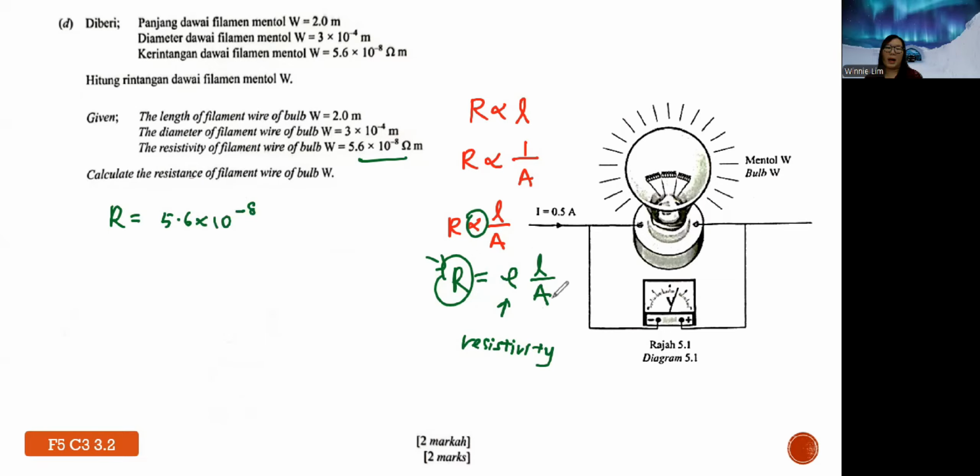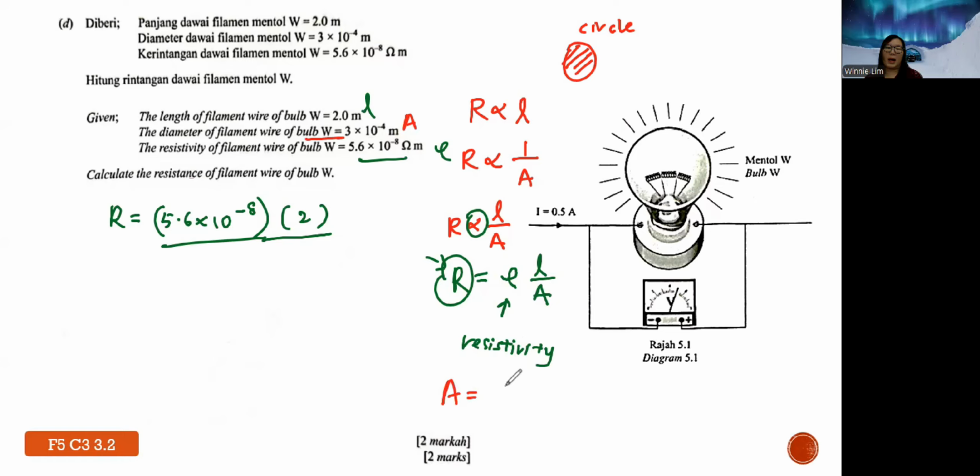Next, length. Do they give me the length? Yes, this is the length, which is 2 meters. Now, is the cross-sectional area given? No, right? They give you the diameter, but how do you relate the diameter with the area? The wire is a cylindrical shape, so the cross-section is actually a circle. So what is the area of a circle? You need to find the area aside first, then substitute it in, or you can put it straight in, but it is easier for you to do it separately.